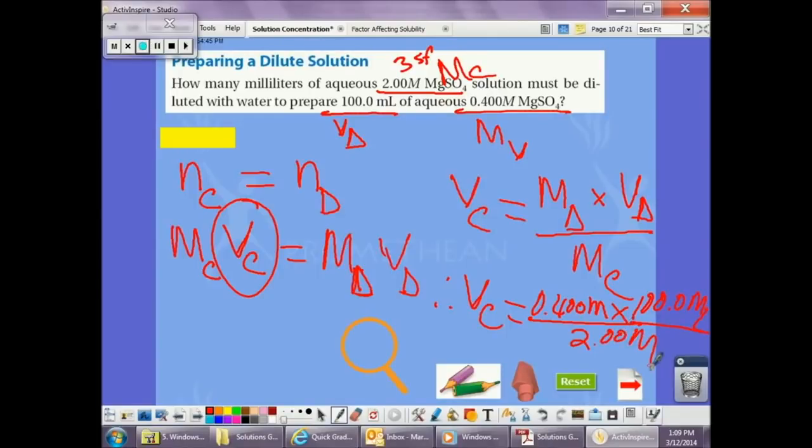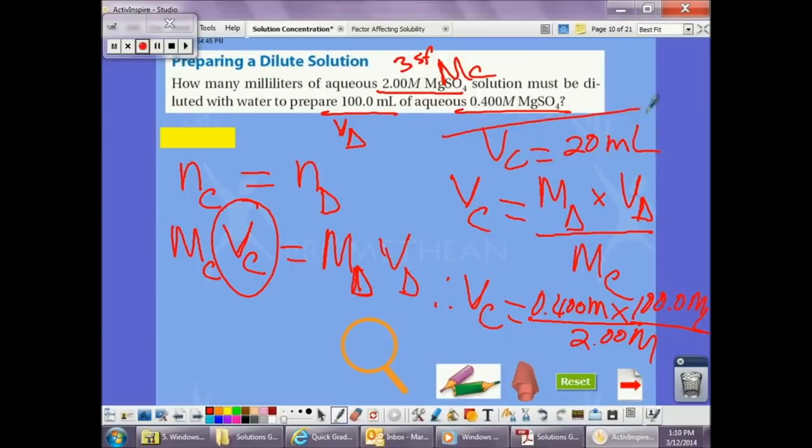Can you give us the answer? So V concentrated equals 20 ml.